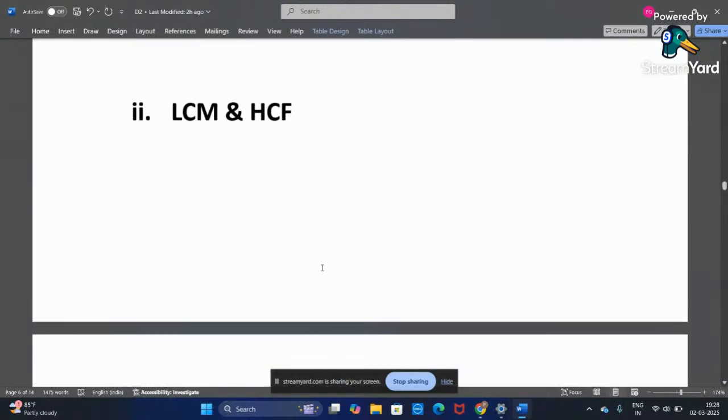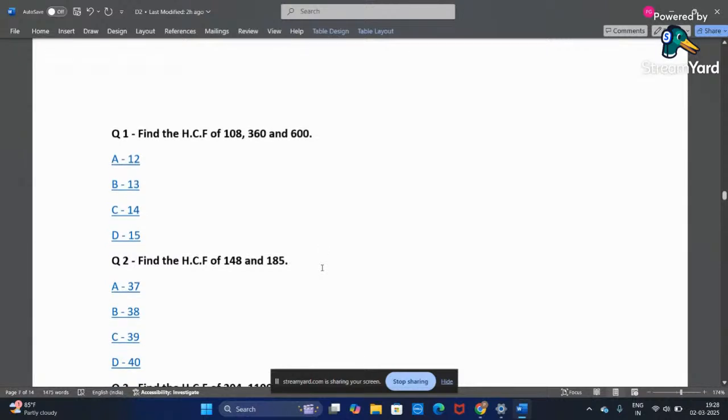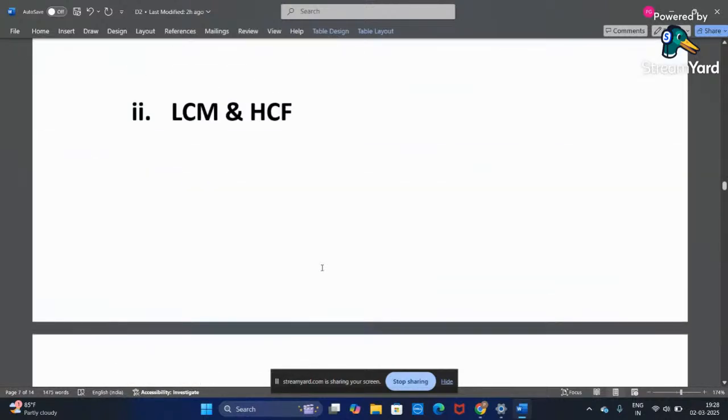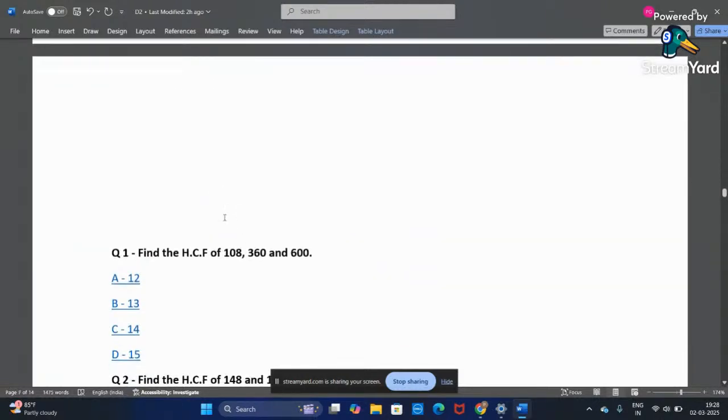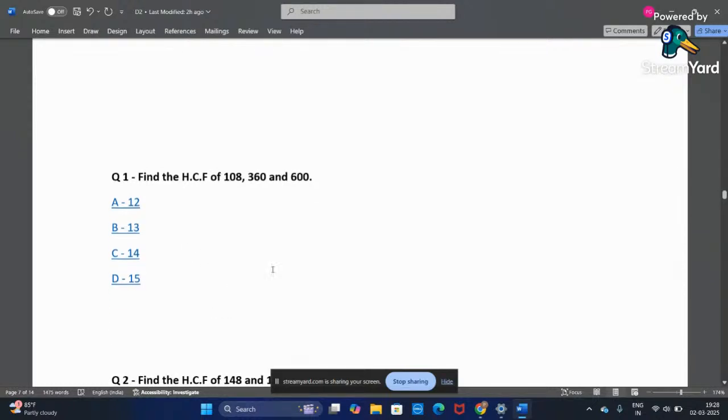We'll move on to finding LCM and HCF. What is HCF here? HCF means highest common factor, LCM means lowest common multiple, right? Okay. Now let's solve the problems on this. Find the HCF of 108, 360 and 600.